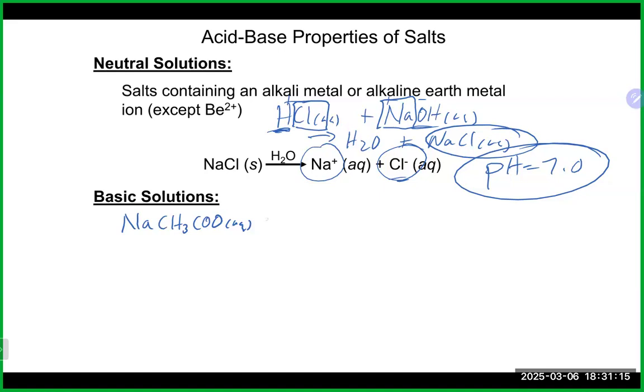If this was in solution, it would not stay together because salts are a strong electrolyte. They will 100% break apart into a sodium ion and an acetate ion. So if you have that salt in solution, it's not hanging out together. They're broken apart and floating around.